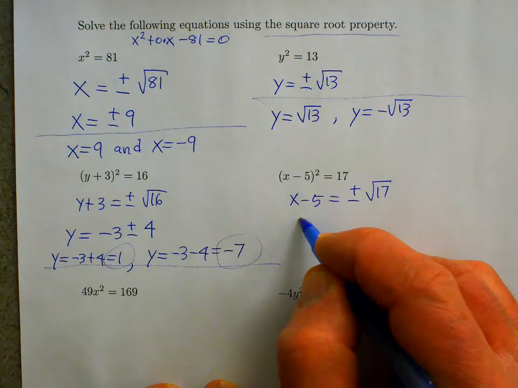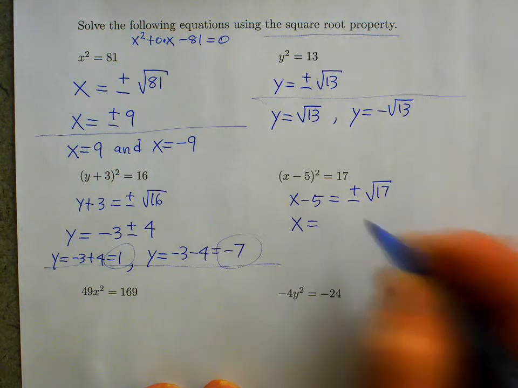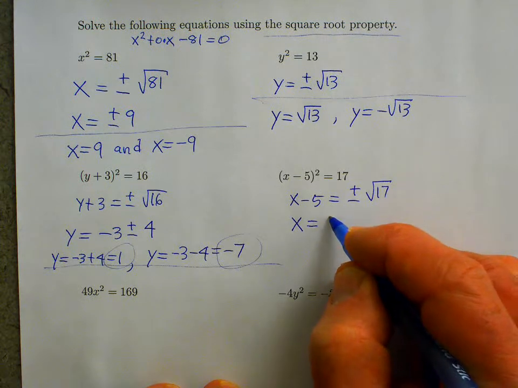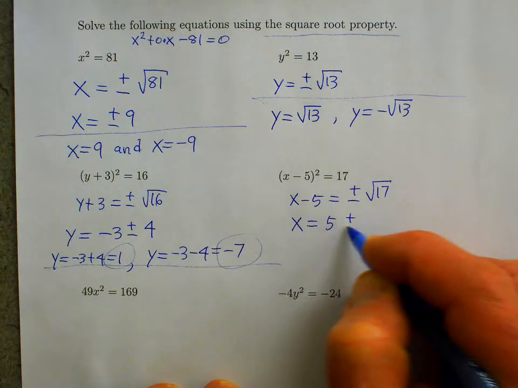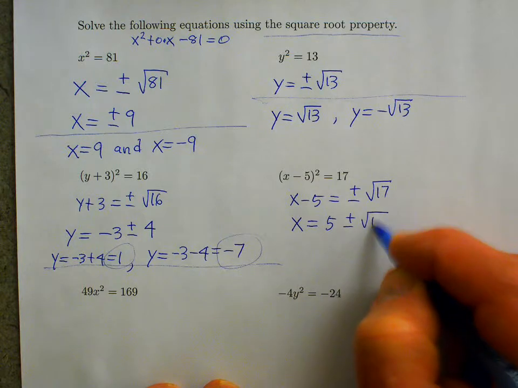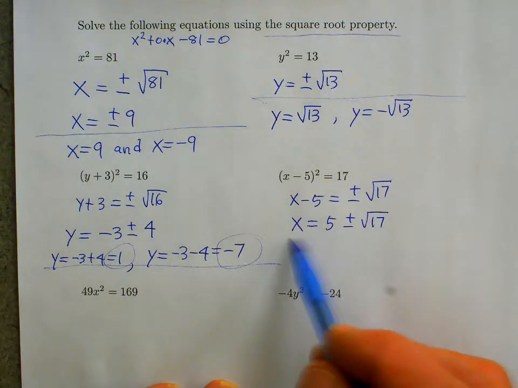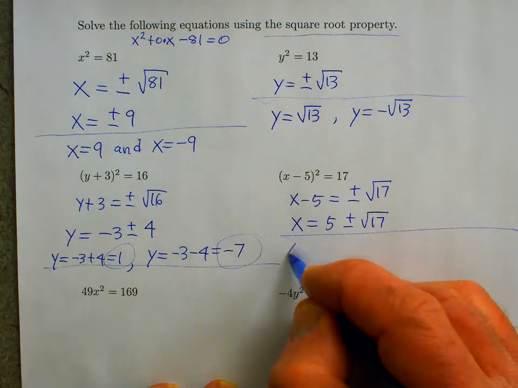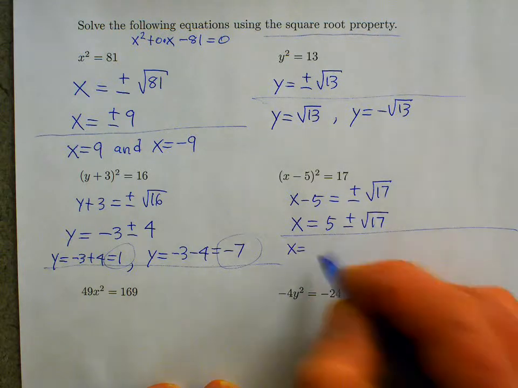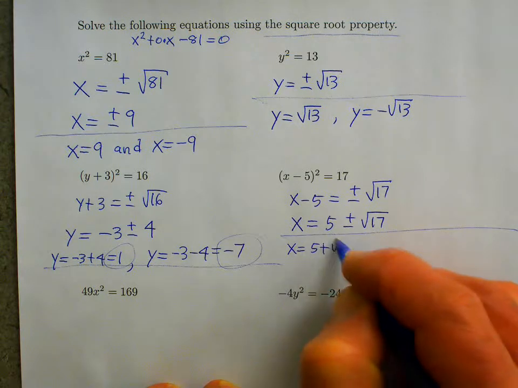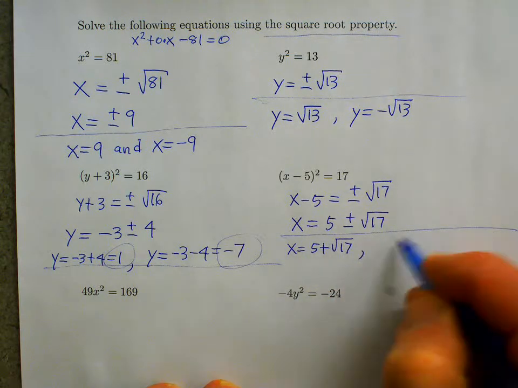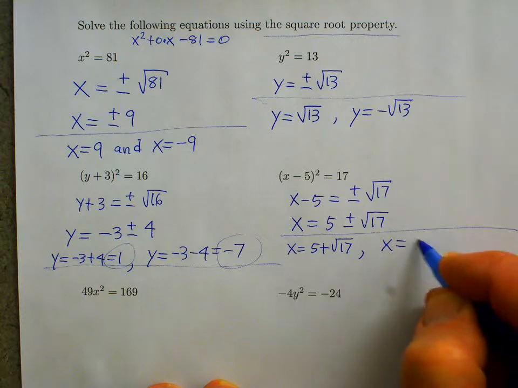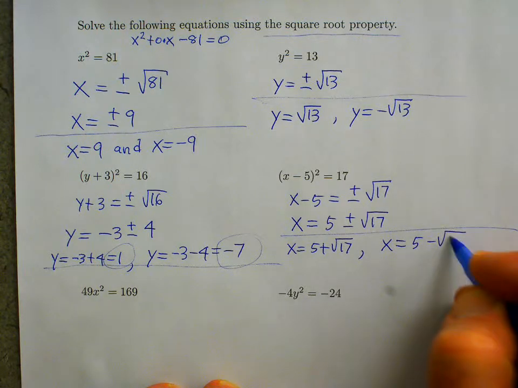And the conventional way is to write it this way: x equals 5 plus and minus the square root of 17. If you want to write the solution separately, then just write x equals 5 plus the square root of 17. The other solution is x equals 5 minus the square root of 17.